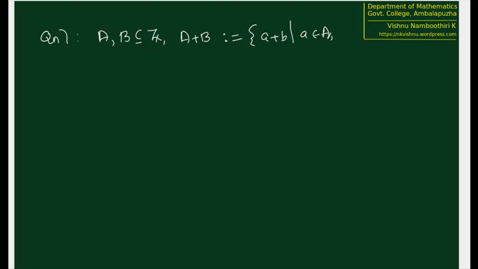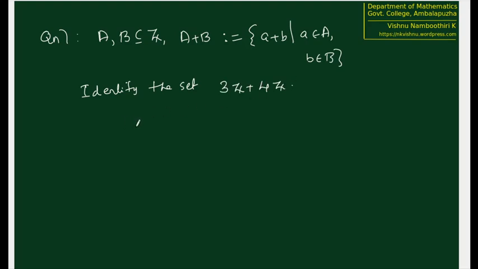Now we have an interesting problem using the consequence that we have just seen. If A, B are subsets of Z, we define A plus B to be equal to the set of all a plus b, where a belongs to A and b belongs to B. So this is the sum of all elements in capital A and capital B. The question is the following: identify the set 3Z plus 4Z.